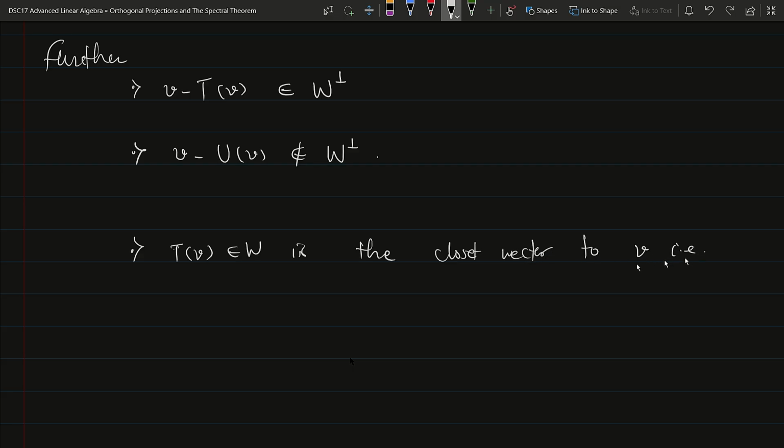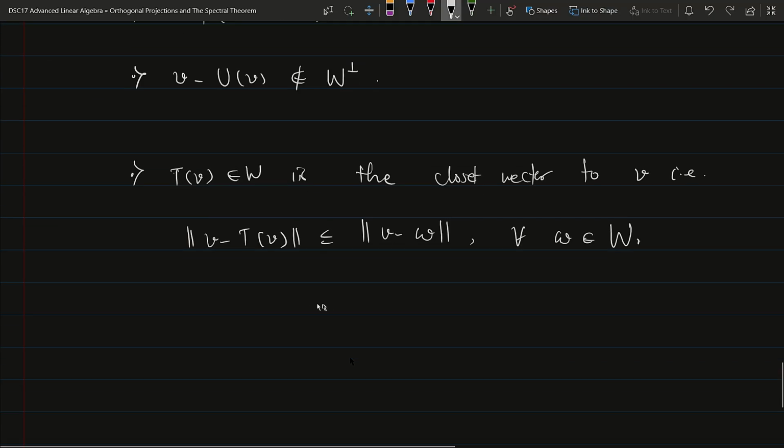That is, the distance or the length of this vector v minus T of v is always less than or equal to the norm of v minus any element w in the subspace w. So any element we take from w, its distance will always be more than the distance between these two. So you can say in case of orthogonal projection for v, T of v is the closest element.